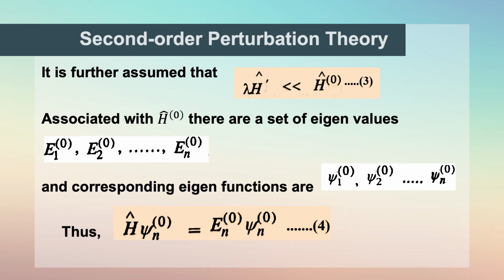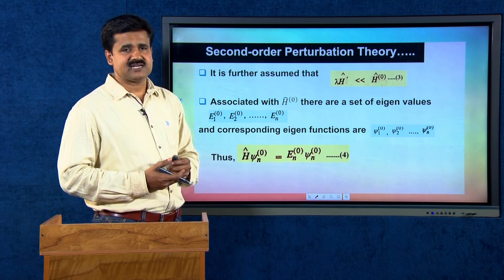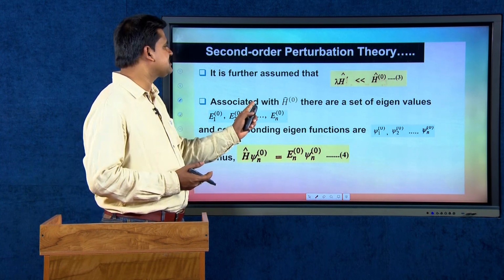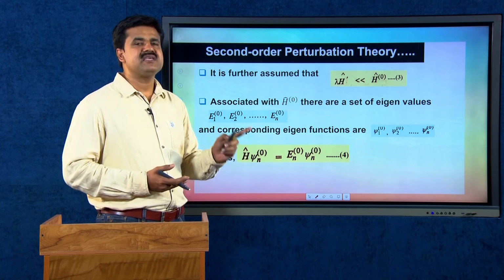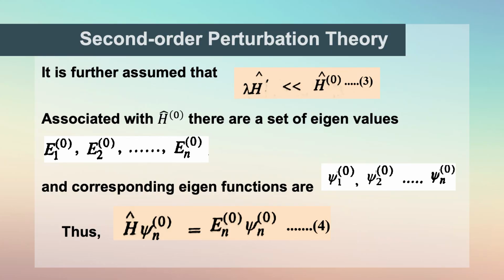Associated with the unperturbed Hamiltonian H hat 0, there is a set of eigenvalues, and such eigenvalues are E10, E20, E30, etc. up to En0. Corresponding to these eigenvalues, there must be eigenfunctions, and the eigenfunctions are represented as psi10, psi20, etc. up to psi n0.